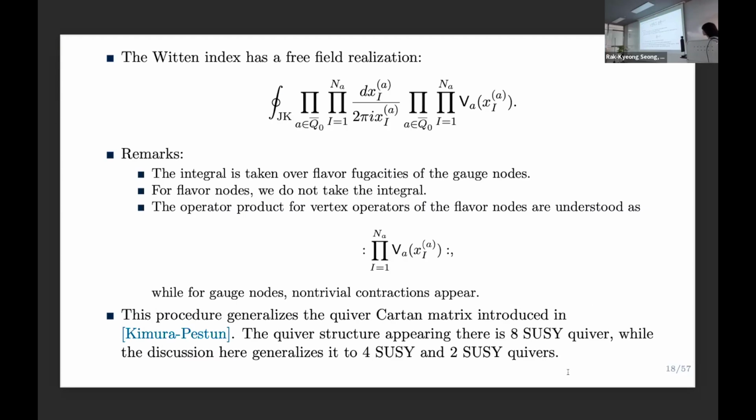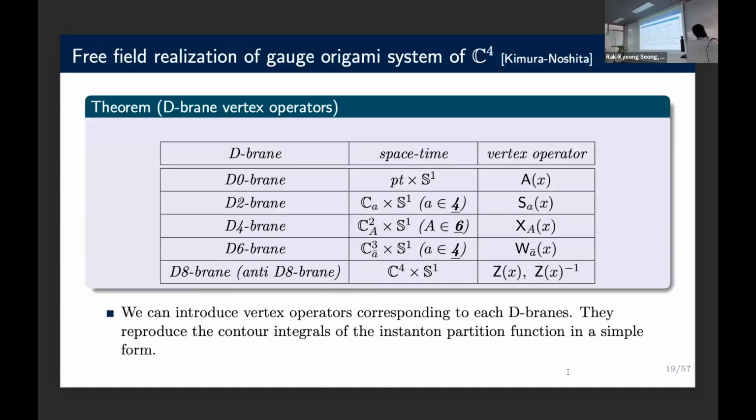So this is the general construction for one-dimensional 2 SUSY gauge theories, and you can apply it to the gauge origami system of C4.